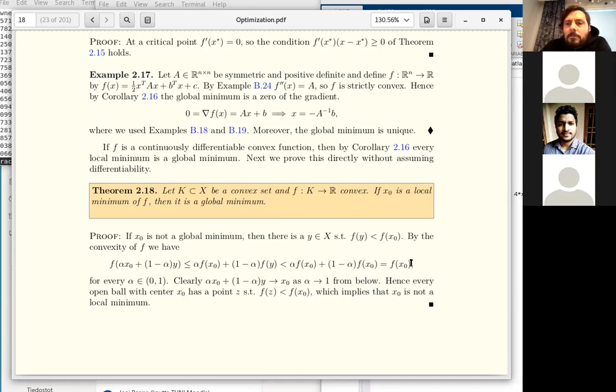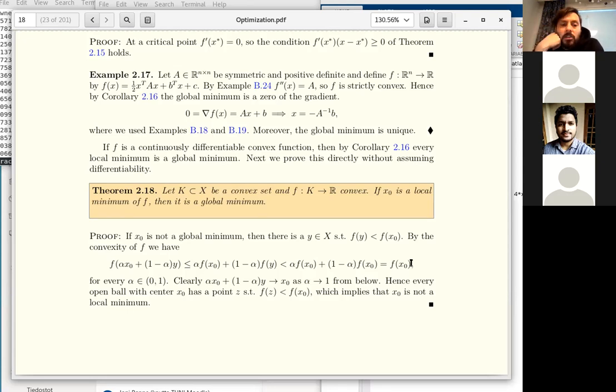Because f is convex, we can calculate the value at each intermediate point between x0 and y. Using the convexity result with alpha instead of lambda, f of alpha x0 plus 1 minus alpha y is smaller than or equal to alpha times f x0 plus 1 minus alpha times f of y.